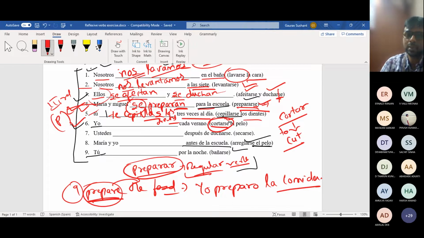So something similar is happening here also. So the subject I is cutting his own hair, el pelo. So that's why it will be a reflexive verb. So yo accordingly will be conjugated. So Piyush, can you tell me? Piyush Kumar.